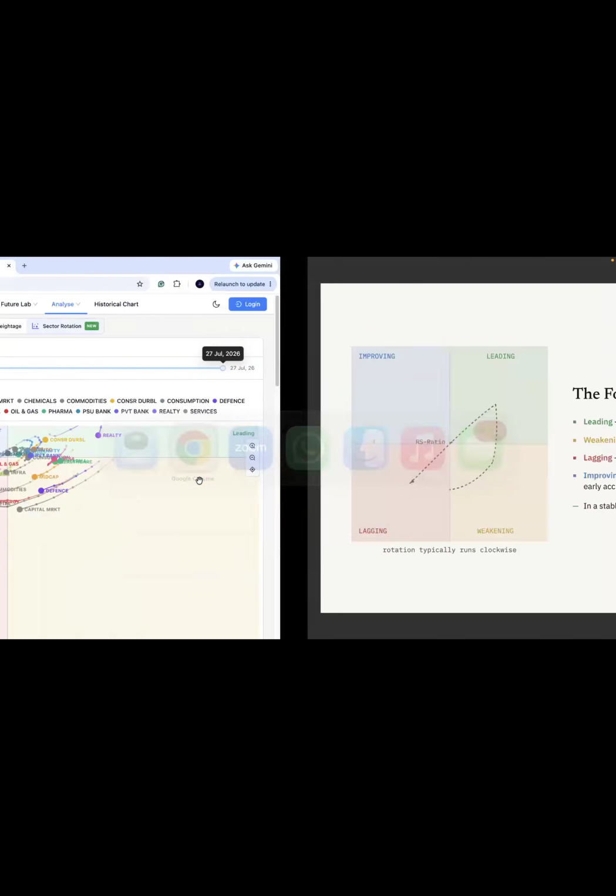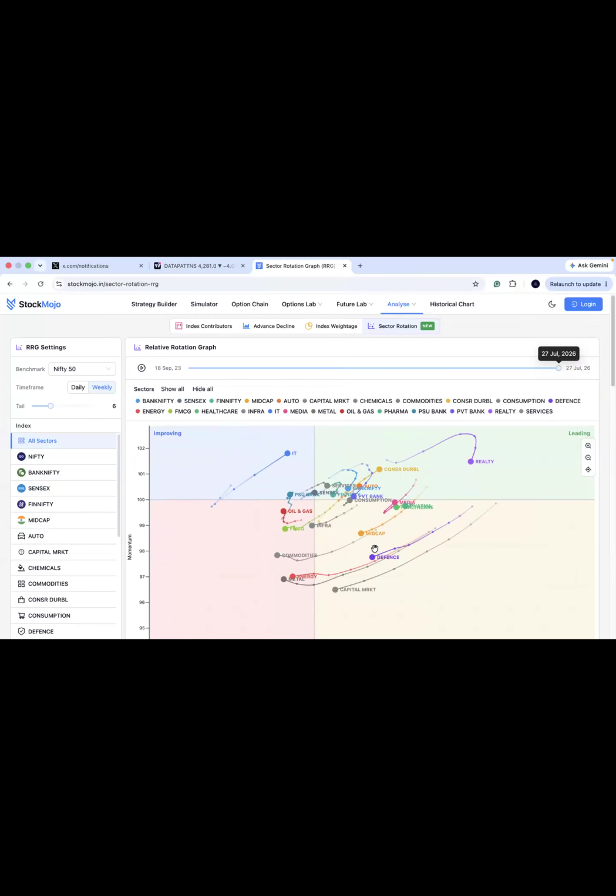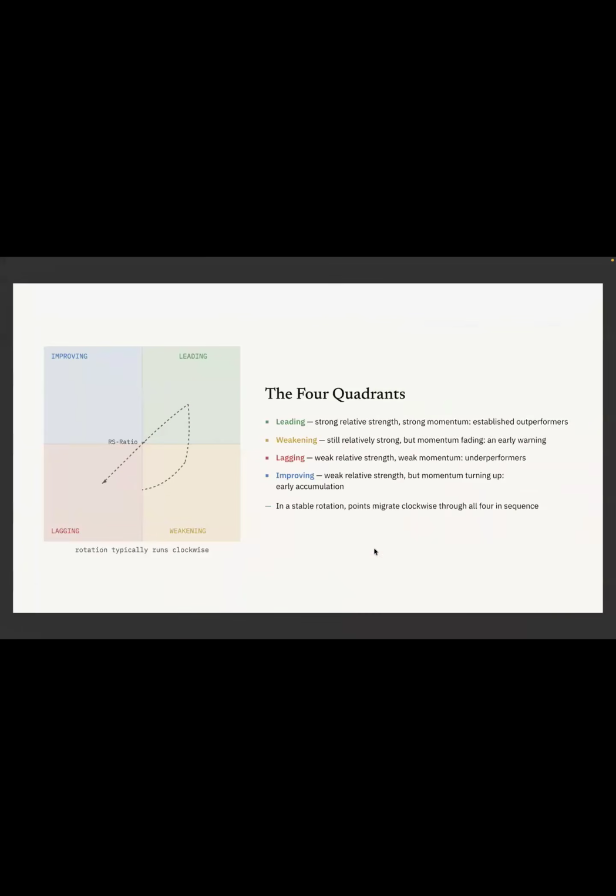And if you have seen this particular chart, or understood where the particular index is in a quadrant, you understand where the outperformance would be, where the underperformance would be, and where the stocks would be consolidating. So that would help you in chasing a particular breakout as well. So this is just in short how the RRG charts work.